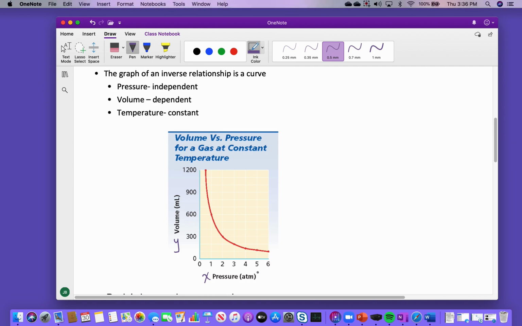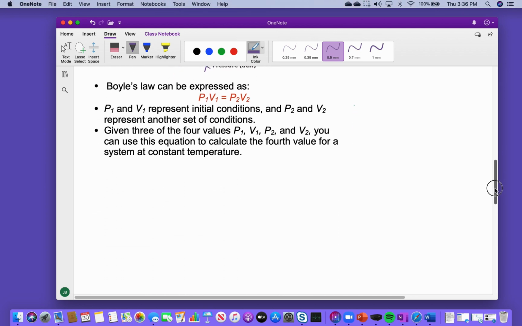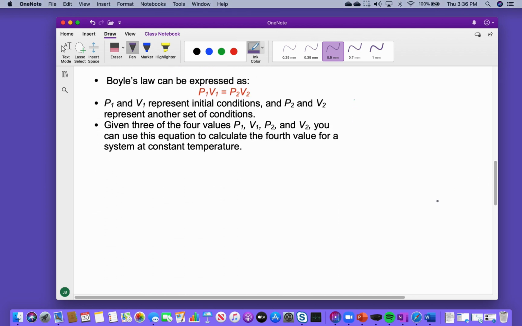Don't forget that pressure has a lot of different units, okay? We have atmospheres, kilopascals, millimeters of mercury that you're responsible for. Volume can be in milliliters or liters. Now, our formula for Boyle's law is pressure 1 times volume 1 equals pressure 2 times volume 2.